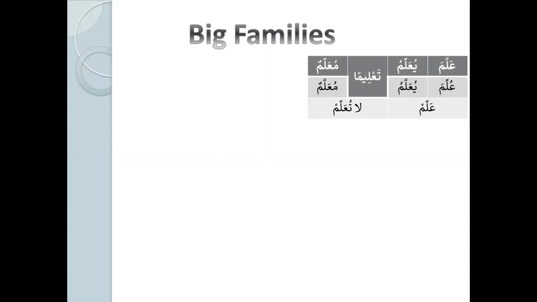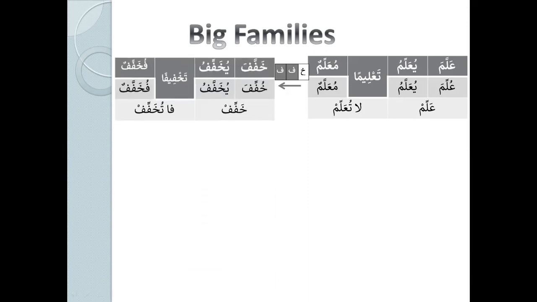So as you can see, when the Allama family is put into Fa, Fa, Fa, the two fused together form Khaffafa, Yukhaffifu, Takhfifan. Sorry, this won't be Fufakhifu, it will be Mukhaffifu and Mukhaffafu.